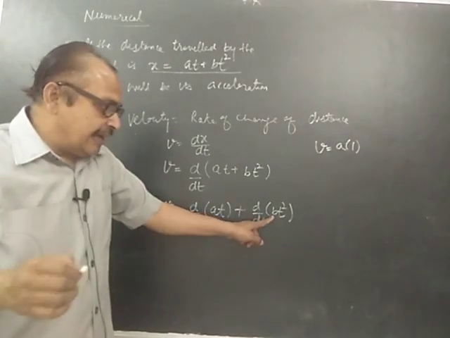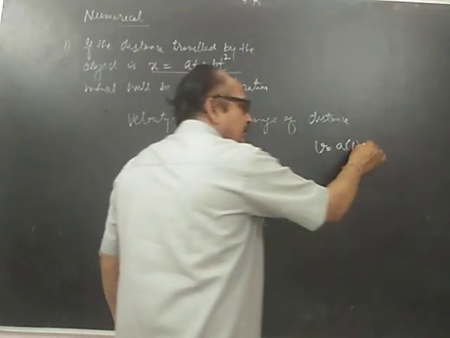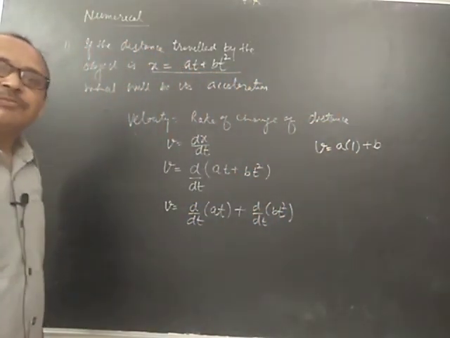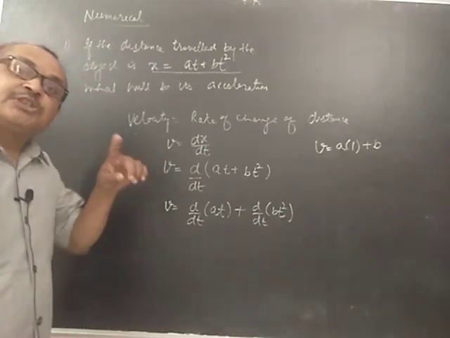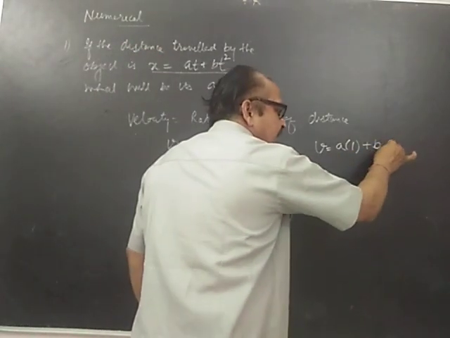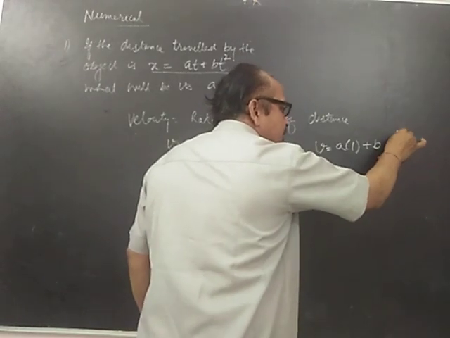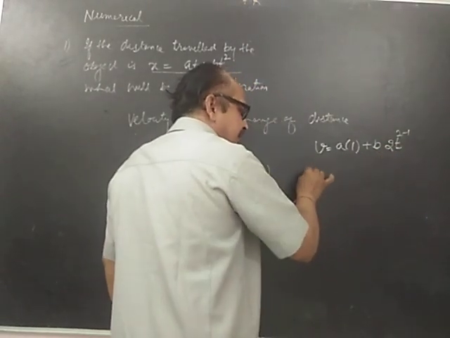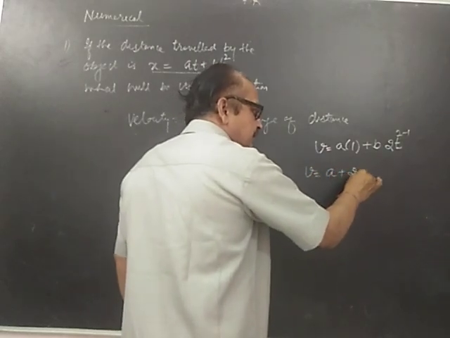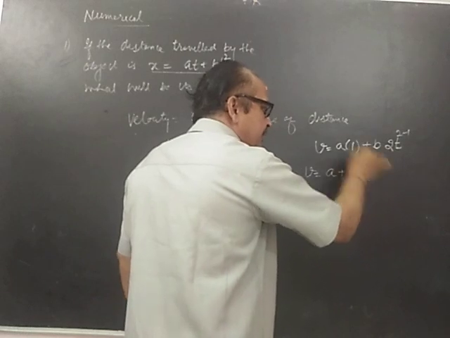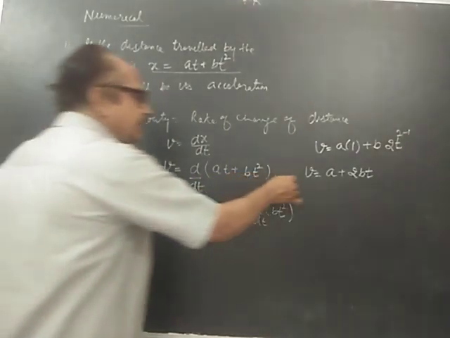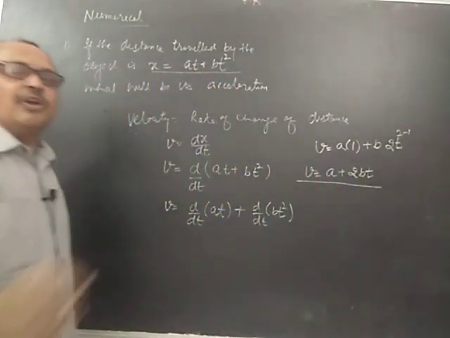Plus again b will be constant and come out, and the derivative of t square: the power will come down, t raised to the power n minus 1. That means v is equal to a plus 2bt. This is the velocity.